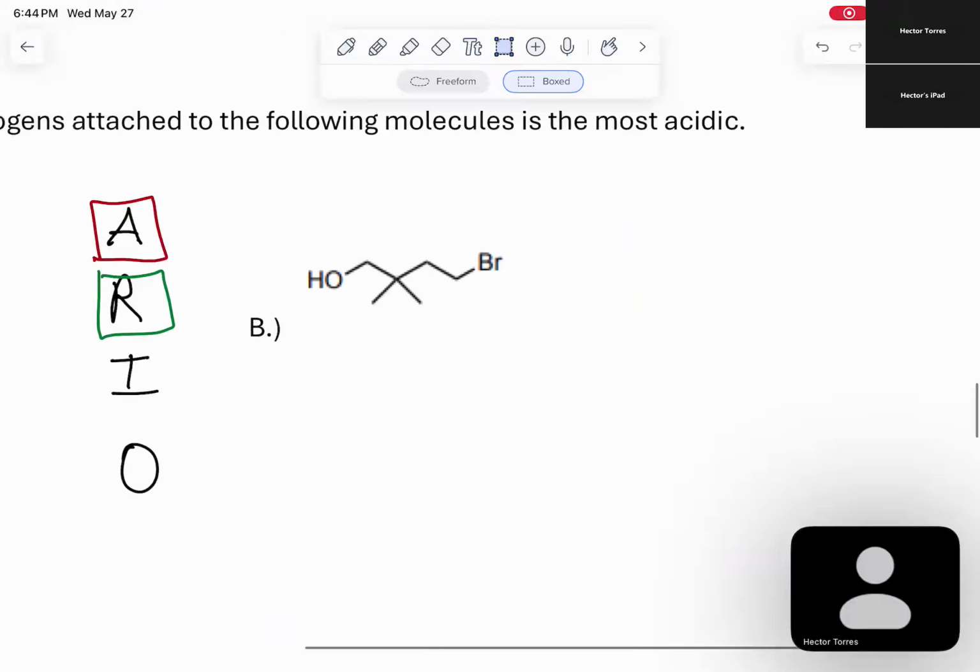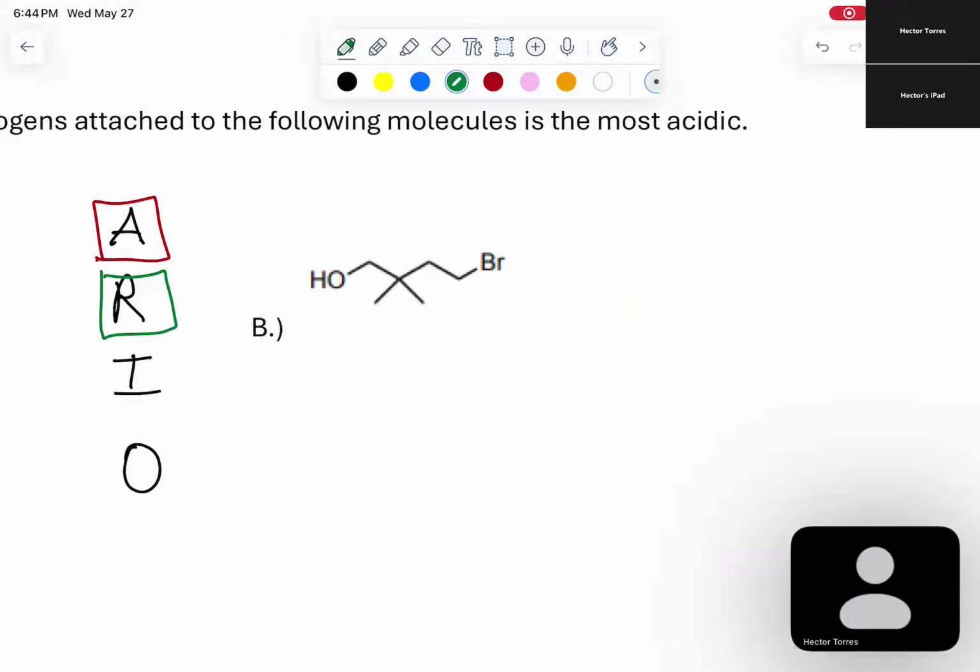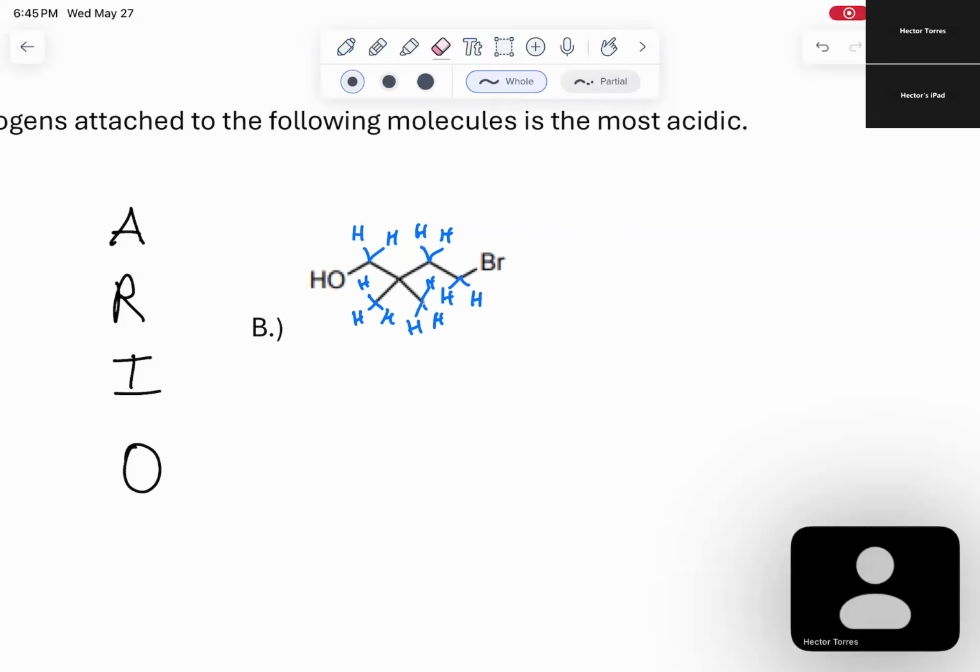Again, we're going to use ARIO. But let's draw in those hydrogens and see what options I have. I have H's over here. And I'm going to erase any that are on the same carbon.